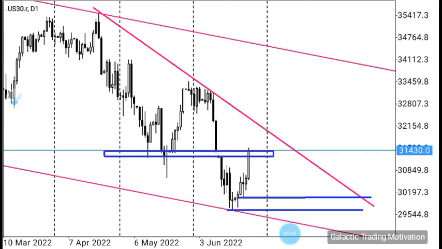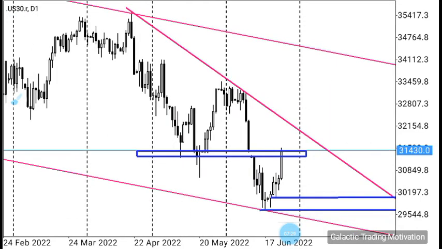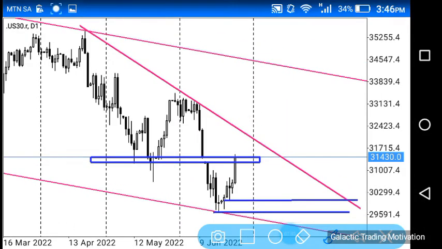So what else do we see on this chart that is particularly interesting? Another thing, and I think it'll be better visible on the H4 chart, is that we have in this region what seems to be a W formation with a neckline there.